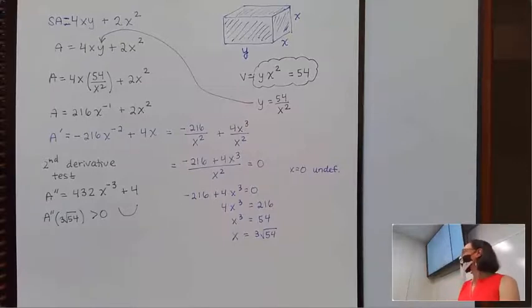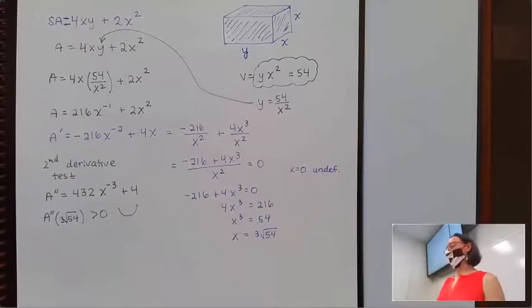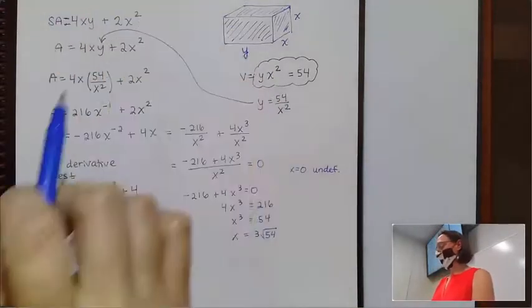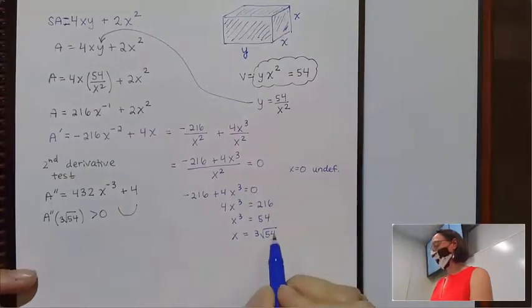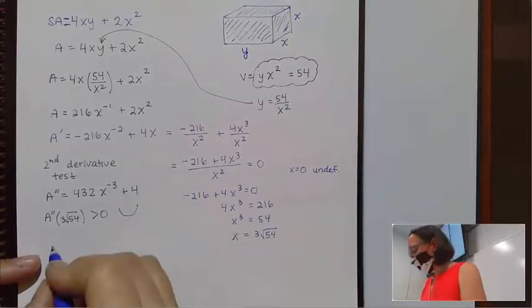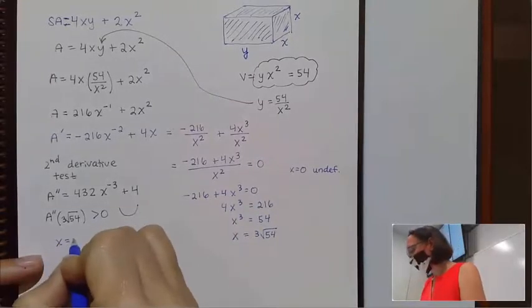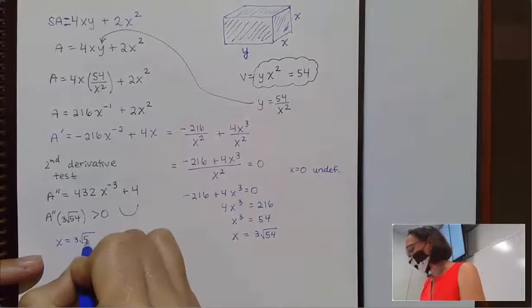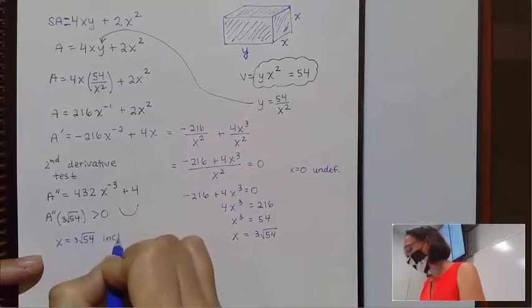And then kind of similar to what we had to do with related rates problems, I do want to be careful about units and sort of how I'm reporting out that final answer. And if we had to find the dimensions of the box, that means I've got to give an x value and a y value. So I would say that x is equal to the cube root of 54 inches.